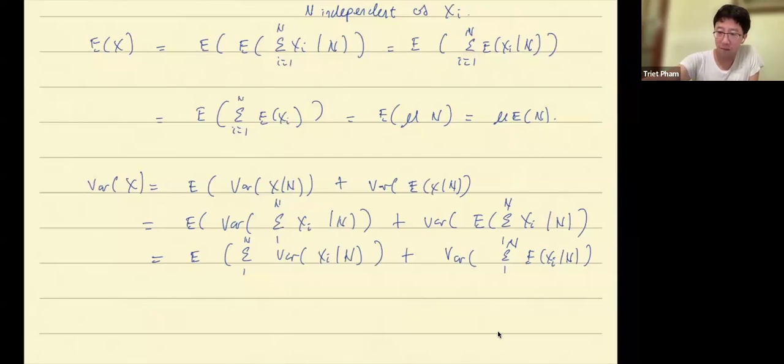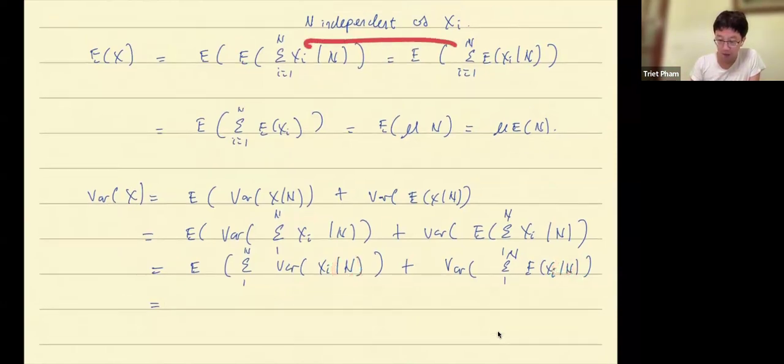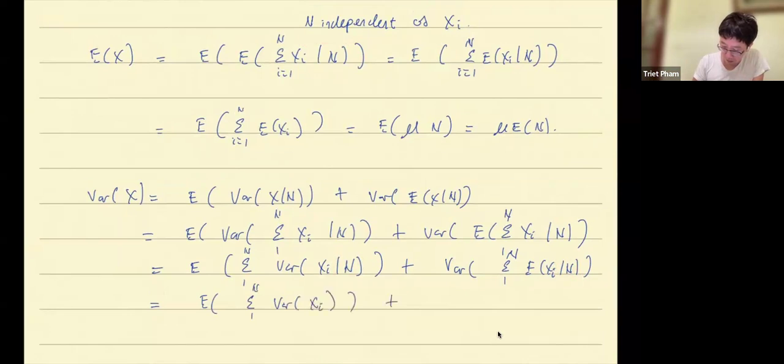All right. And so, what do we have? Well, the next step is clearly just to drop the conditioning because N is independent of the Xi, and replace this with their known value.